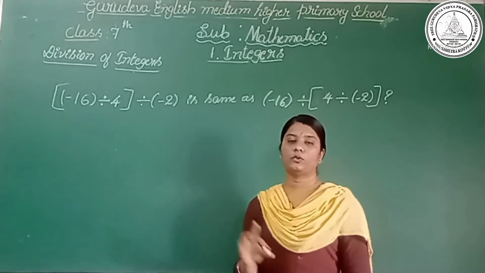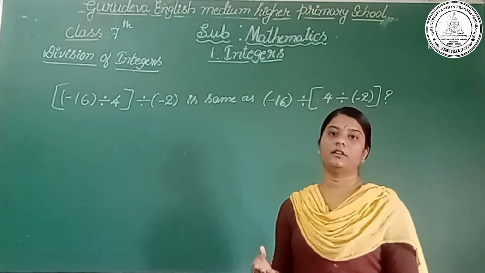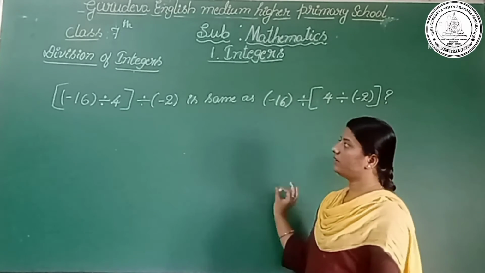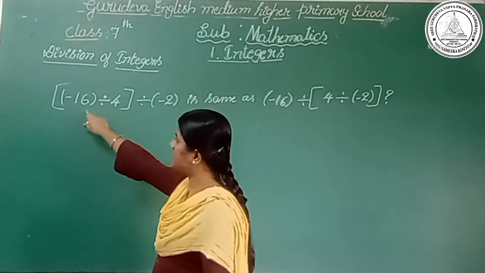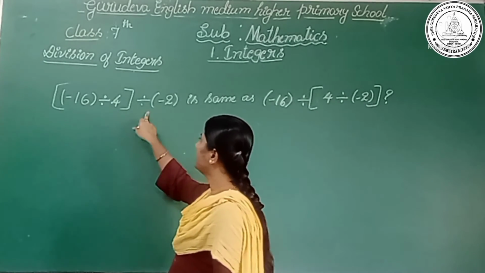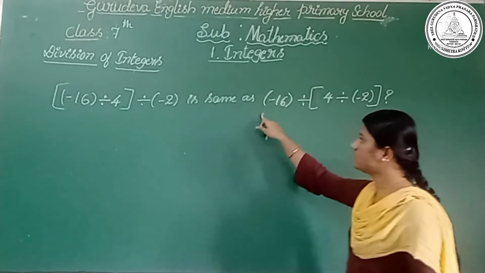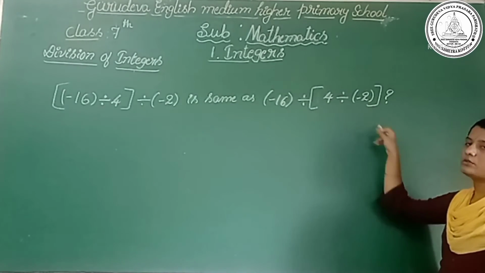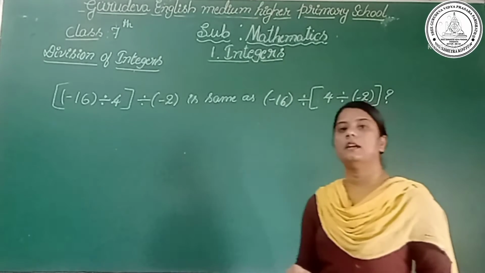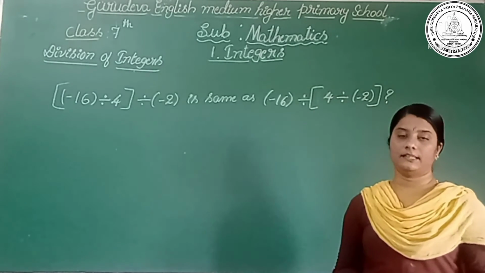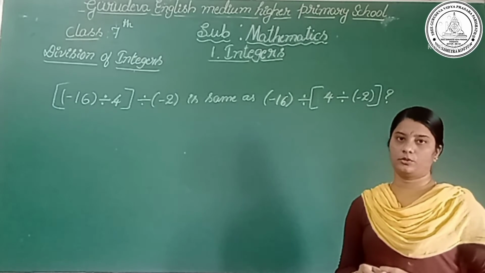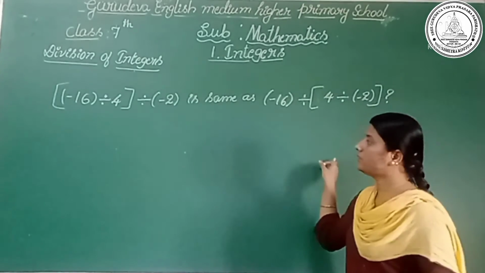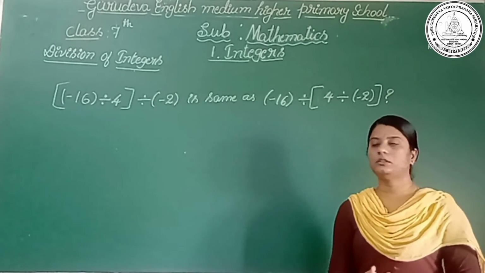Then let's see here one example to check whether the division of integers is associative or not. Here, minus 16 divided by 4, divided by minus 2. The associative property says that we make two groups, and we should get the same quotient. Let's check.